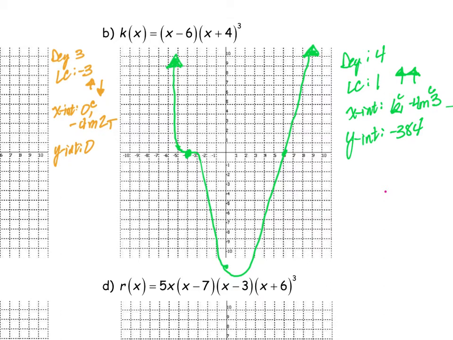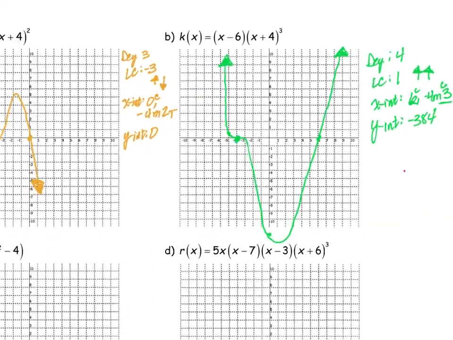Questions? I think that's one of the few that we have an odd multiplicity higher than 1 on. So I want to make sure that you know when it's an odd multiplicity that it kind of flattens out, or you remember that. Oh, we have another one.